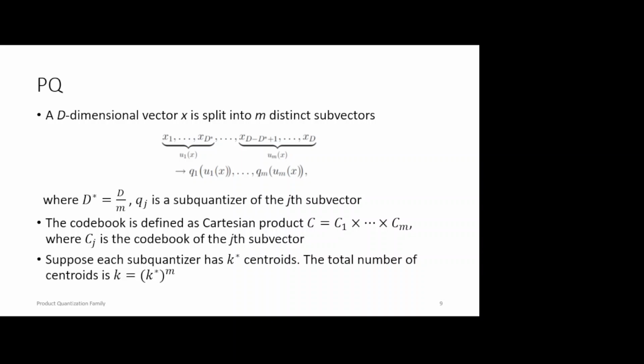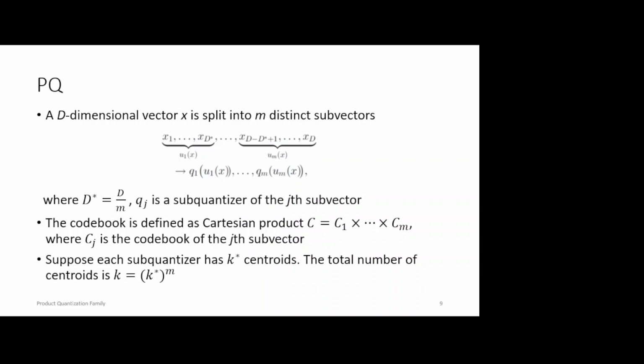U1(x) means the first subvector of x, and Un(x) means the nth subvector of x. For each subvector we use the corresponding quantizer. Q1 is used for the first subvector, and Qn is the quantizer used for the nth subvector.